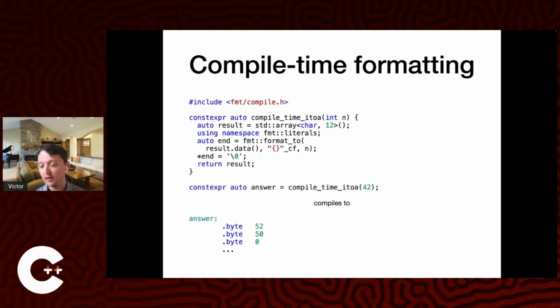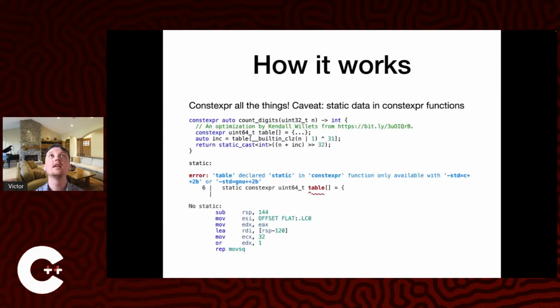And then we have like 10 zeros. As you might expect, this works because we systematically constexprified all the formatting code. Well, almost all. There are some restrictions, limitations with floating point at the moment.